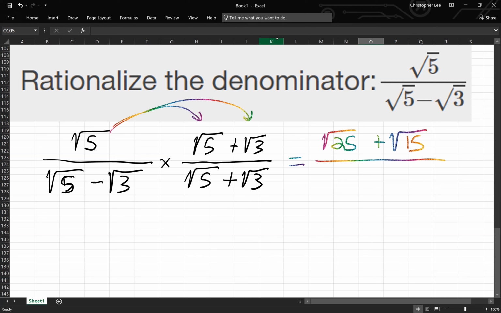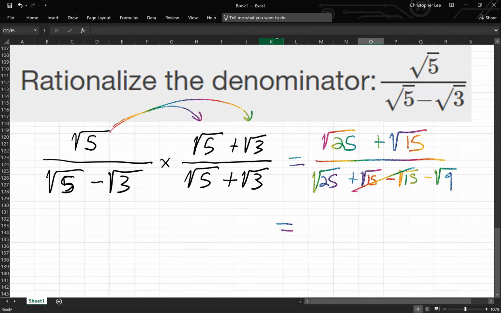Over square root 25, right? Plus square root 15 minus square root 15 minus square root 9. And then what do I do after that? Okay, these cancel out. And then let's simplify these.